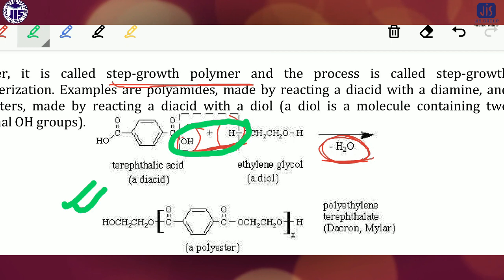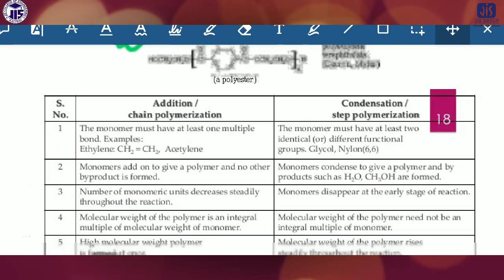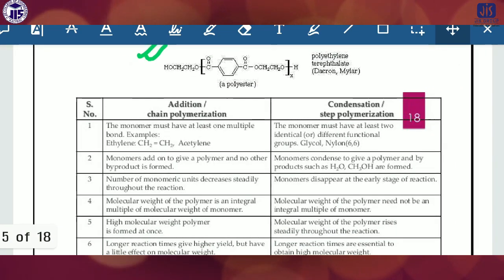So what is the difference between addition and condensation polymerization? This is very, very important. You have to differentiate between addition and condensation polymerization.